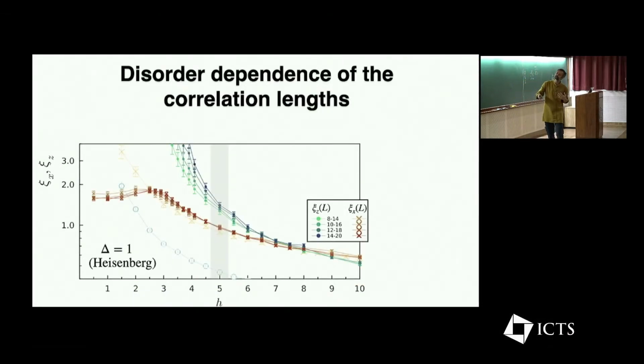Here I show the correlation lengths, psi x and psi z, for such a horizontal cut across the MBL phase diagram. What you see first is indeed an inversion of the dominant correlation. But more importantly, the blue-green are the ZZ and the red are the XX.